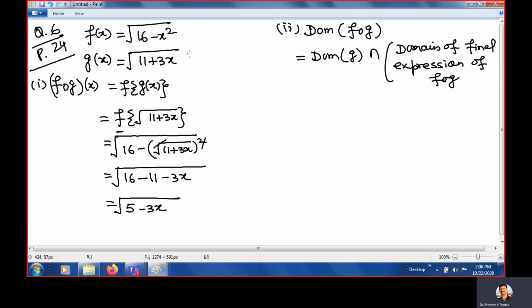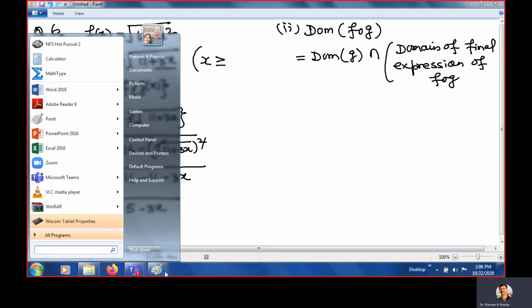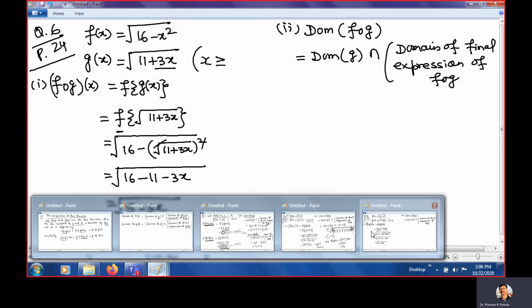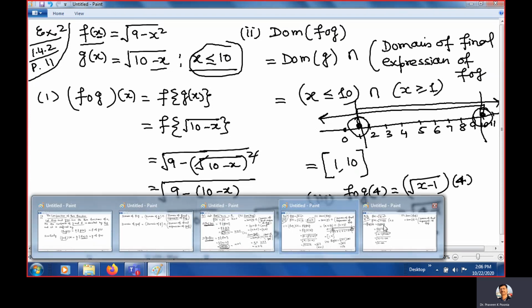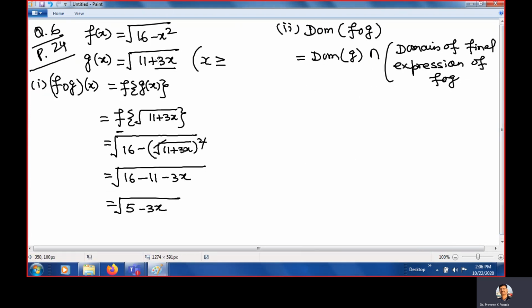If you find the domain of g, it is a radical function, so the expression inside must be positive, meaning greater than or equal to zero. If x is negative, look here, you will notice the difference: the inequality reverses. Here x is greater than or equal to minus 11 upon 3.